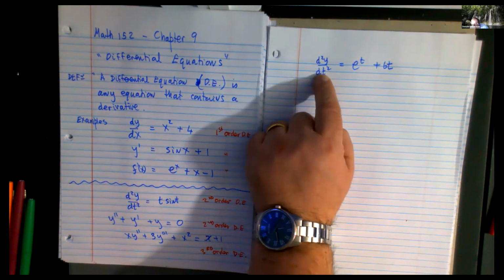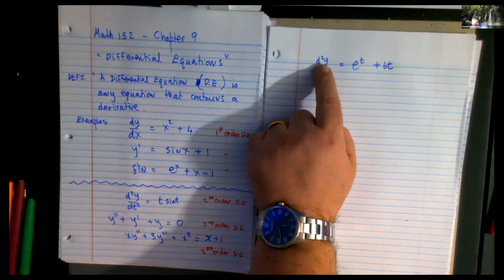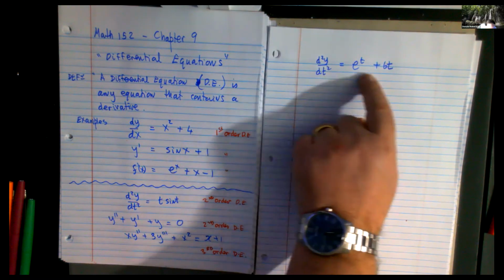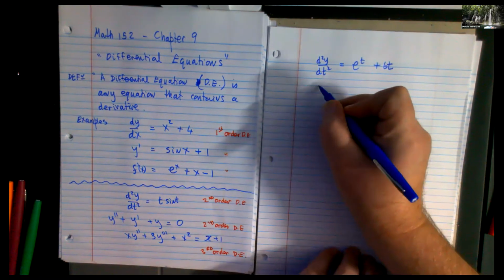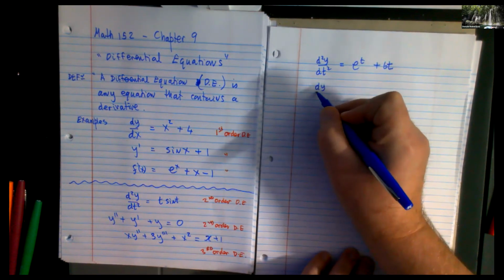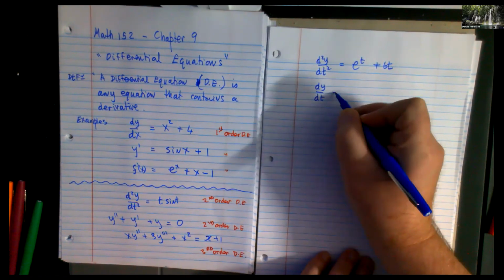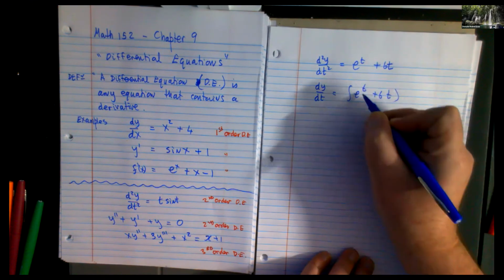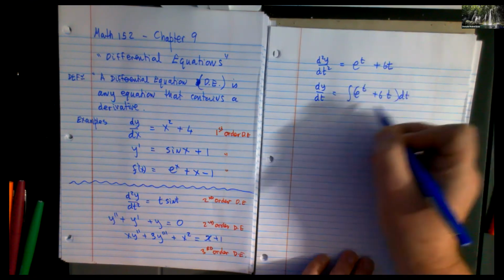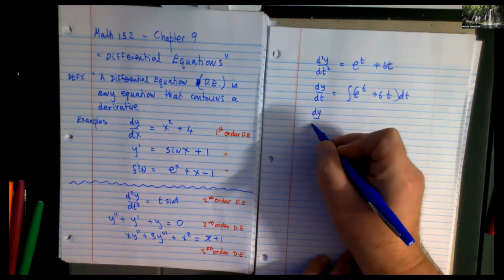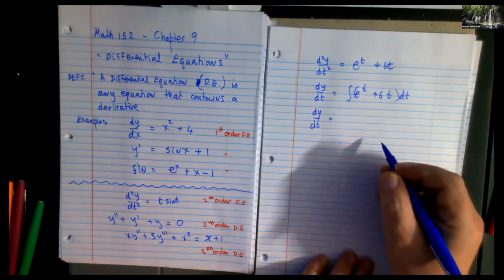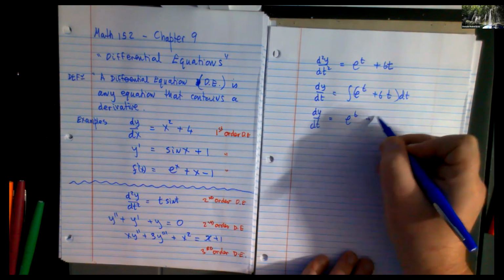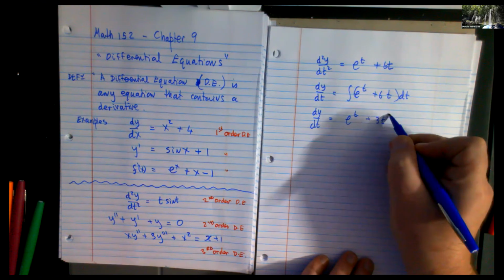The variable's t instead of x, that's no biggie. And I want to solve it. Well, if I integrate both sides, let's see what we get. If you take a second derivative and integrate it, you will get a first derivative. And add 1 to the power, here we go, plus C.